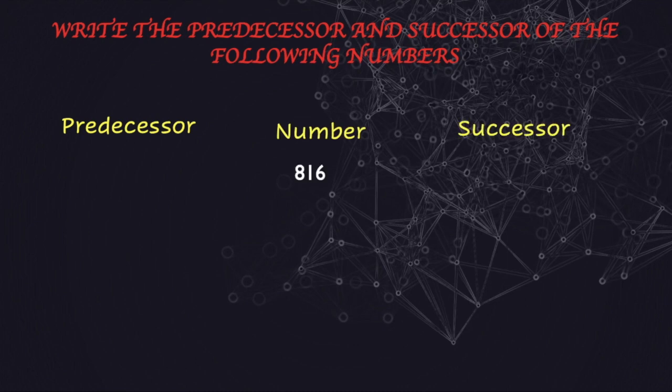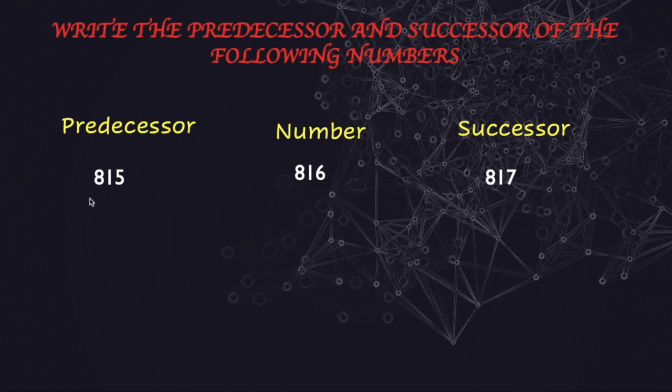Okay, let us do 816. For 816, what will be the predecessor? 815, and successor 817. So 15, 16 and 17.